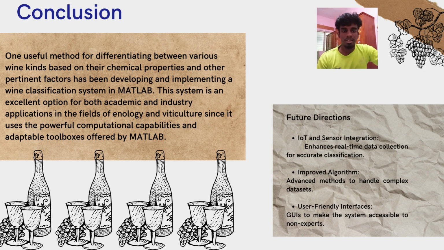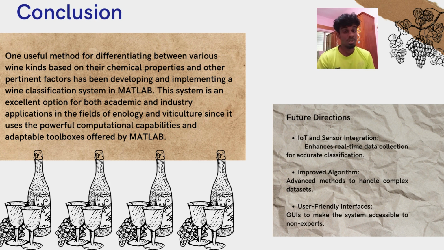Finally, for the future directions part, I would say we could integrate with IoT and sensors, as real-time data for more dynamic and accurate classification can be obtained by integrating the classification system with IoT devices and sensors in vineyards and wineries.